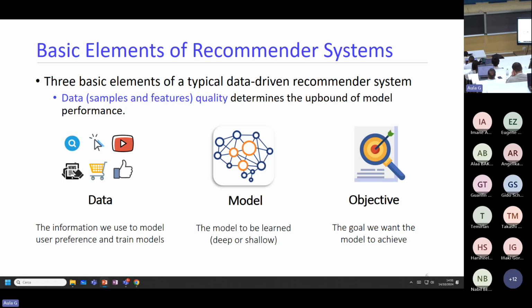The choice of model affects how well the system can capture complex patterns in user behavior. Third, the objective. This is the objective we want the model to achieve, whether it's maximizing accuracies, enhancing user engagement, or optimizing for specific outcomes.